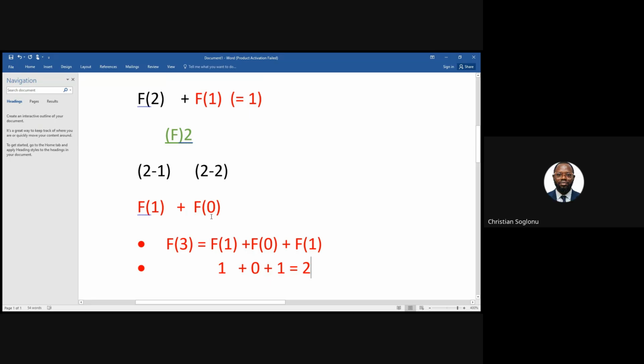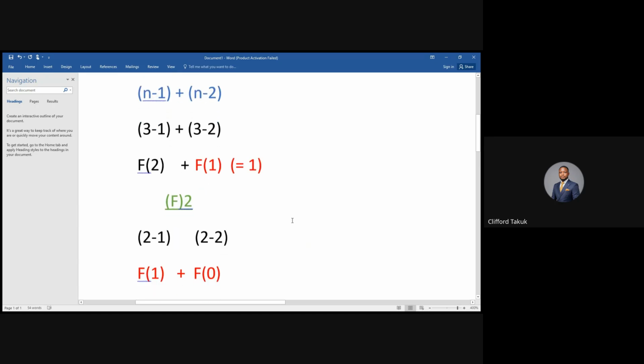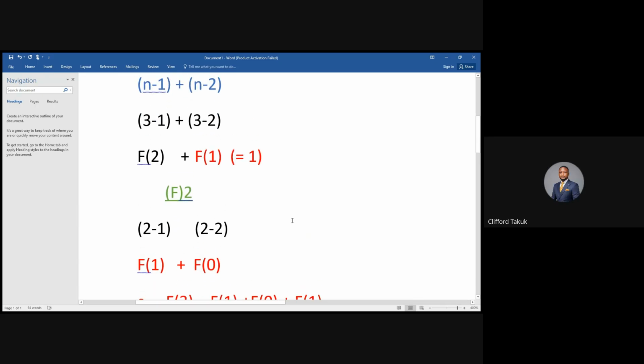Charlie, mention the word Fibonacci. Charlie is serious. All right, that's it. But Clifford, you did well. It seems you are just playing with this course.